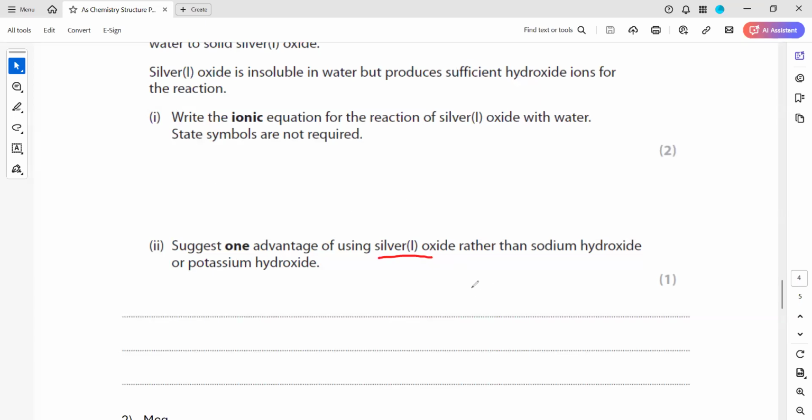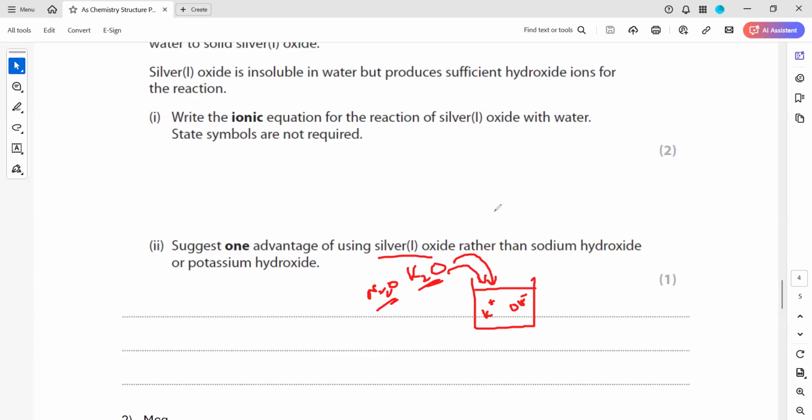But what will happen if we are using, say we were preparing potassium hydroxide, we have potassium oxide. The moment we add potassium oxide, it will dissociate and form potassium ion and hydroxide ion, a solution of potassium hydroxide. The more you add, the more it will dissolve, because potassium oxide is also water soluble, or sodium oxide is also water soluble.